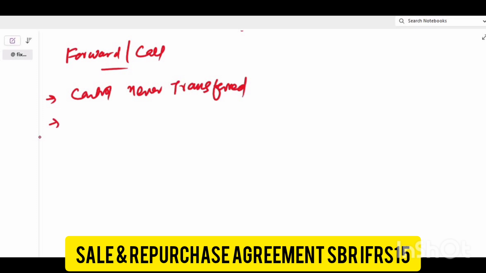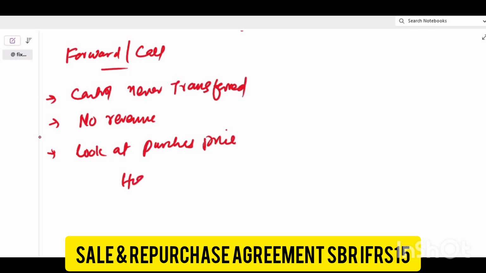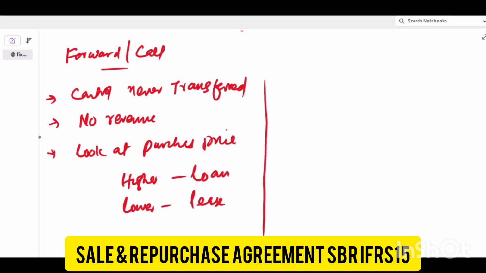And if control is not transferred, then it means no revenue recognition. You will look at the purchase price. If it is higher, then this is a loan, and if it's lower, then this is a lease. Clear?